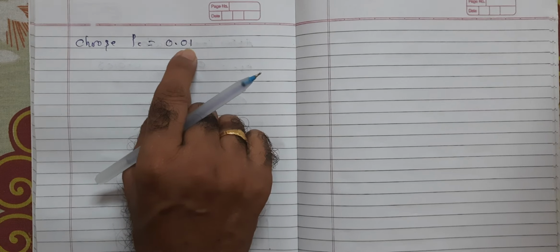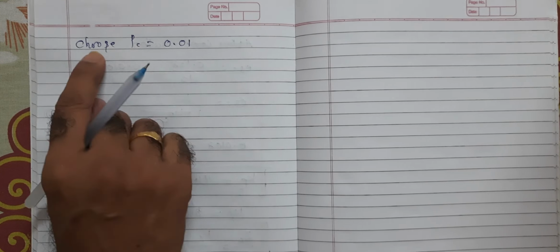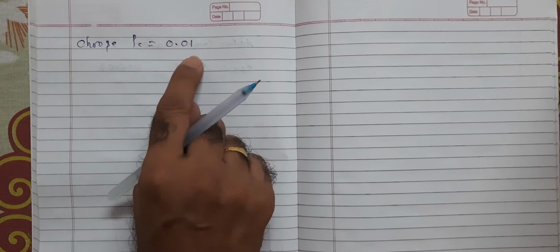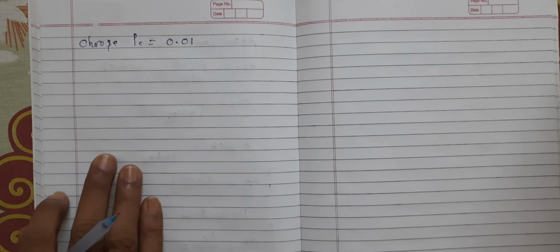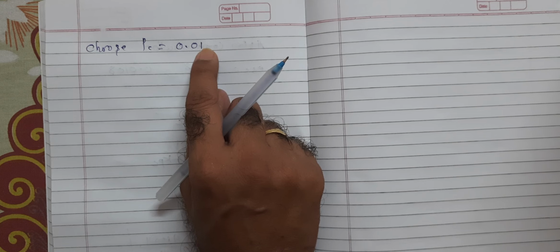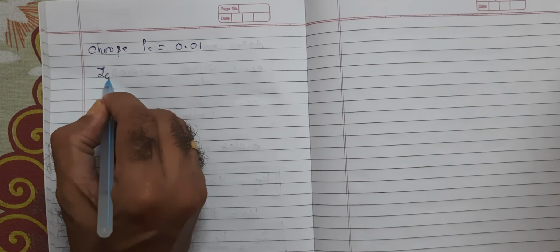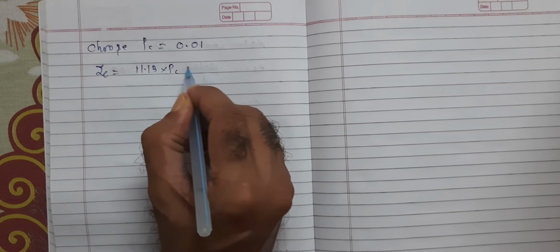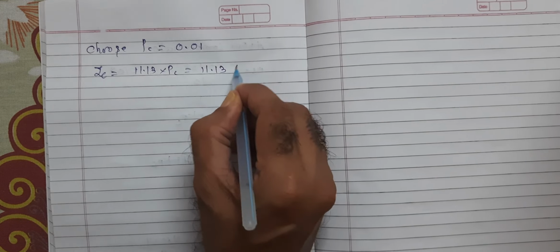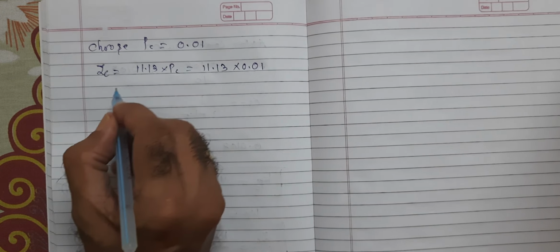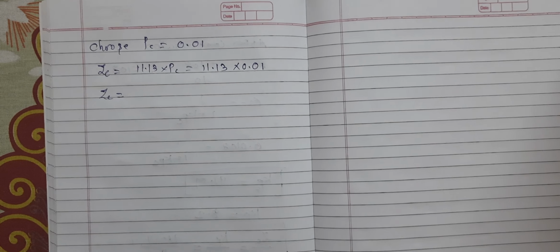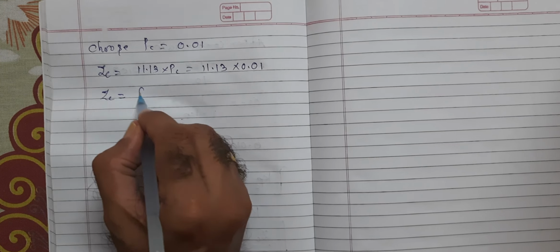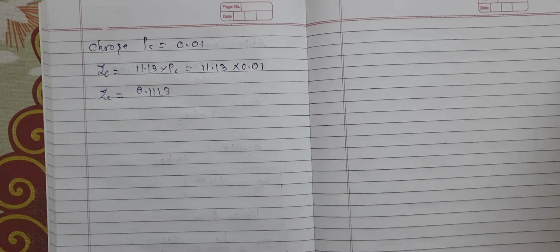So here we have arbitrarily chosen one value, PC equal to 0.01, which is very near to the origin. So ZC is equal to 11.13 multiplied by 0.01, so ZC is equal to 0.1113.